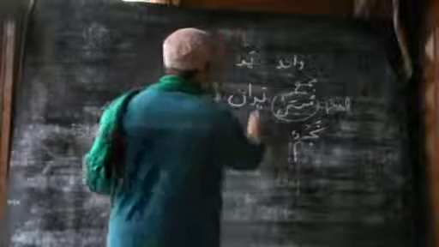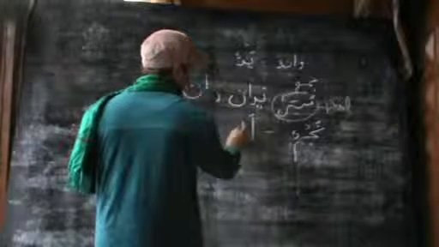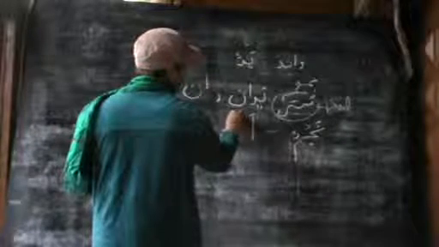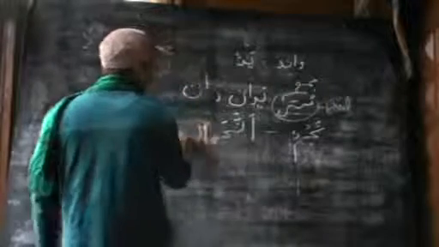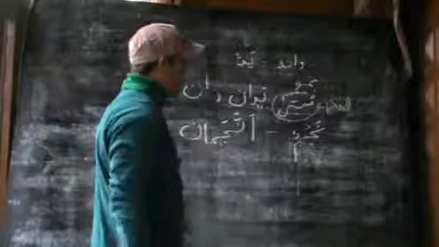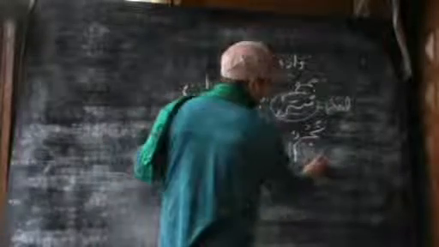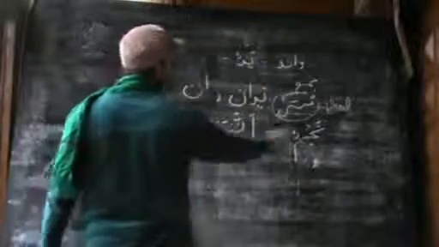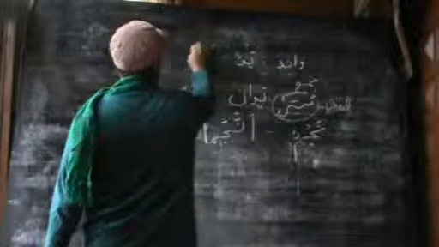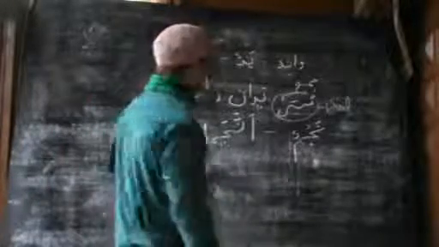We can say an-najmani, or najmani, two stars. So here it was najmun, and here we can say an-najmani, two stars.